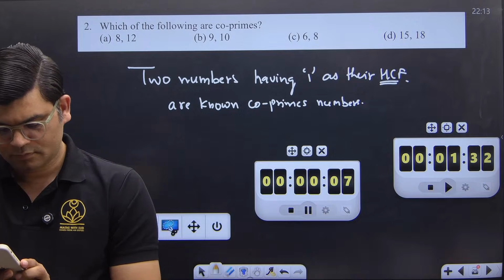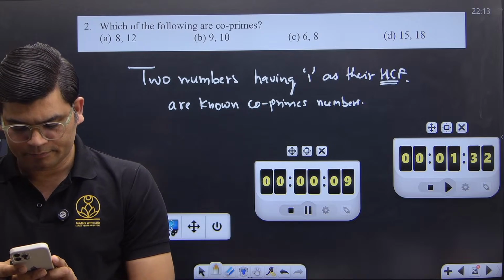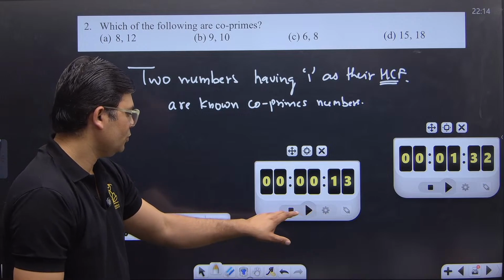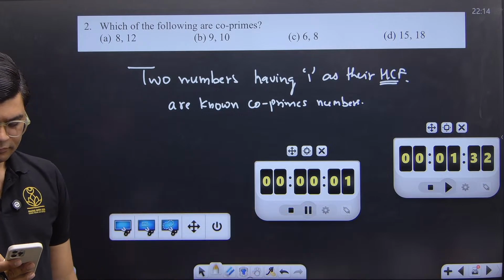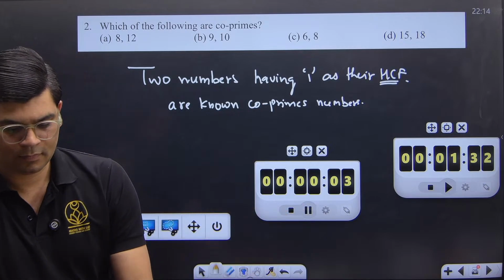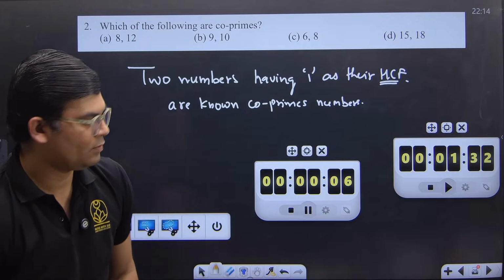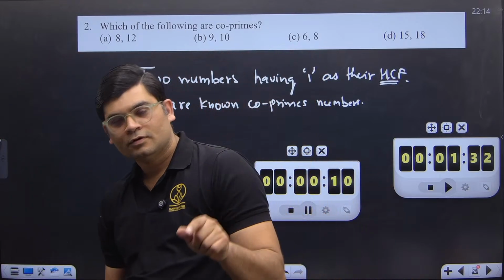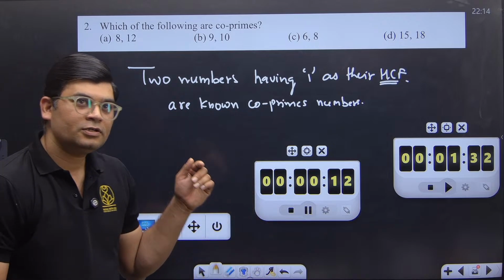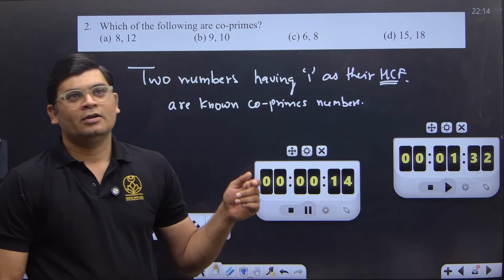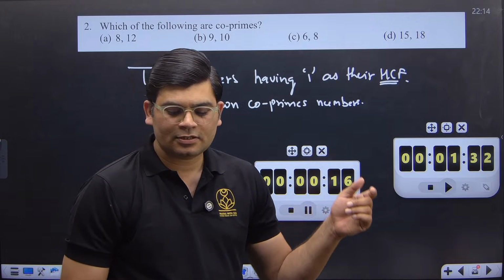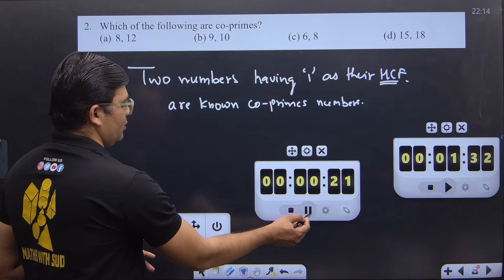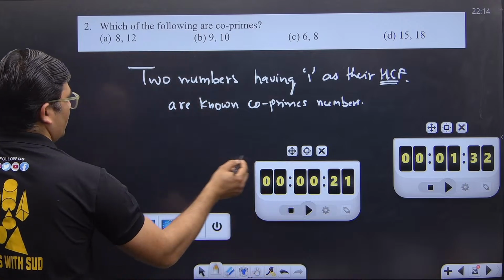Sir, restart the timer. I have turned it on, beta. Okay. 2, 3, 5, 7, 11, 13, 17, 19, 23, 29, 31, 37, 41, 43, 47, 53, 59, 61, 67, 71, 73, 79, 83, 89, 97. Very good. Is it clear? Okay.